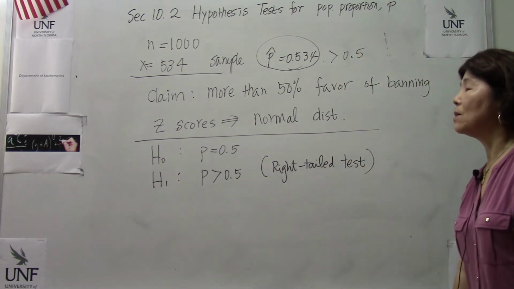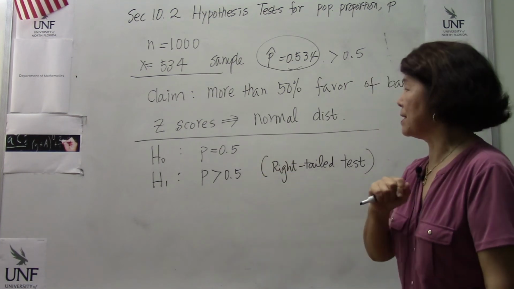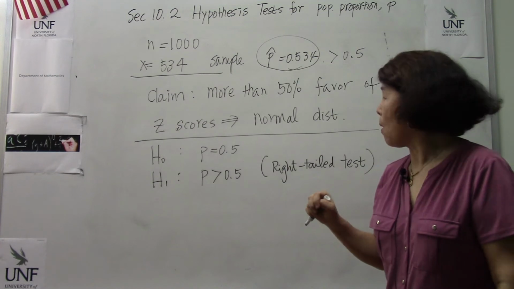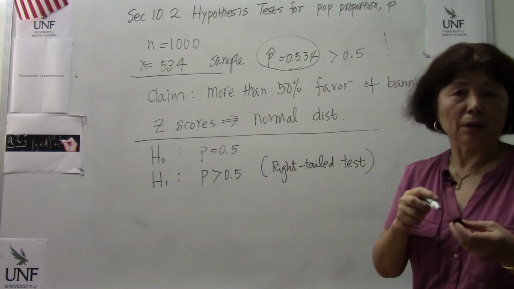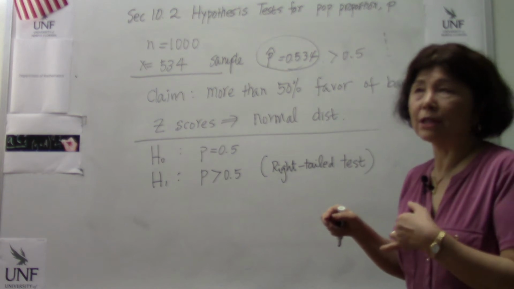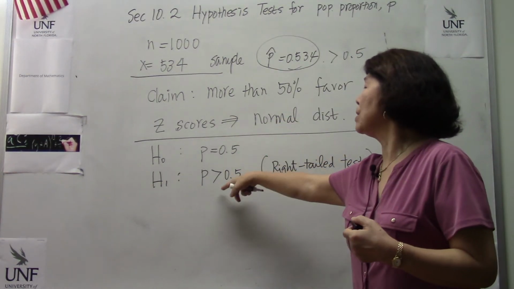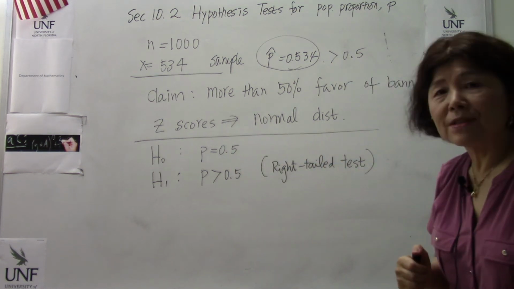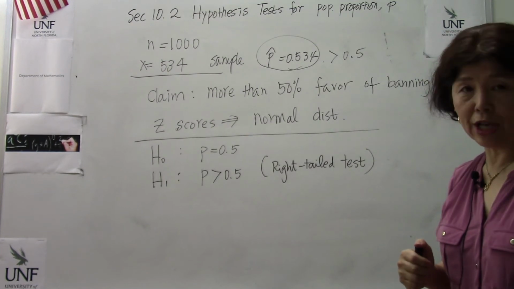And then again, whatever we do at the end of the process, we are going to reject H naught, or we do not reject H naught. We do not use the word keep, or the word accept. Okay, we reject or we do not reject. What kind of evidence is going to make us reject or not reject?